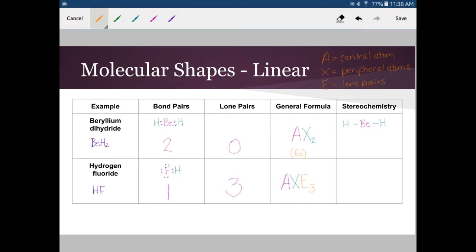So when I draw this out, my stereochemical formula is still linear, but because I don't need to indicate my lone pairs, I have hydrogen fluoride like so. So I see that my stereochemistry for both of these examples is linear. However, I have 2 separate general formulas that can derive a linear molecular shape, and the stereochemistry is linear for both of these examples.